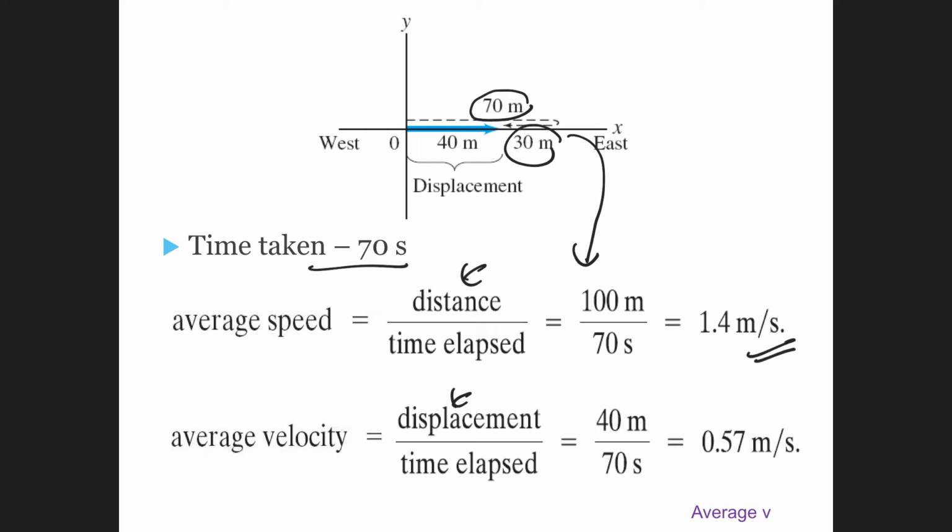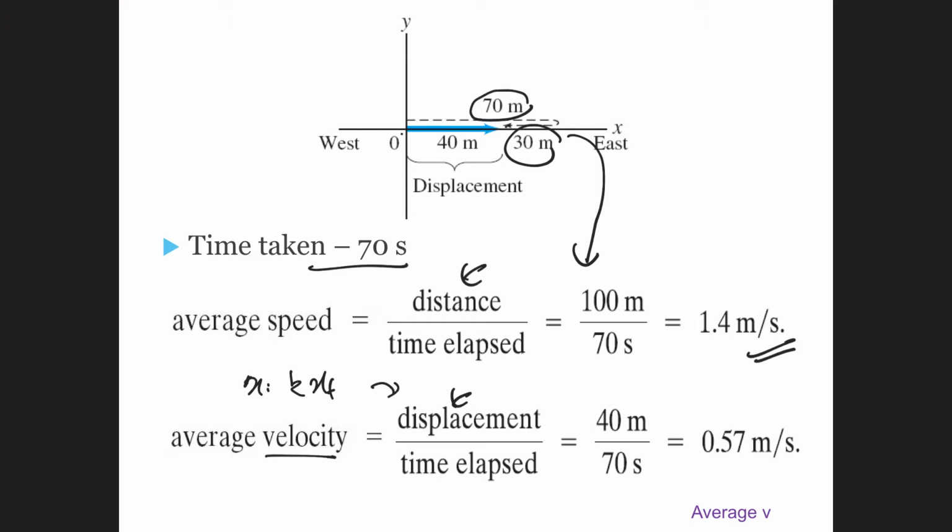Okay, but when it comes to the average velocity, what happened midway, you don't have to care about it. You only focus on the initial and final only. So it's moving 70 meters to the right, and then it's moving 30 meters to the left. So the average velocity is going to be calculated from the displacement, how far from the initial point.